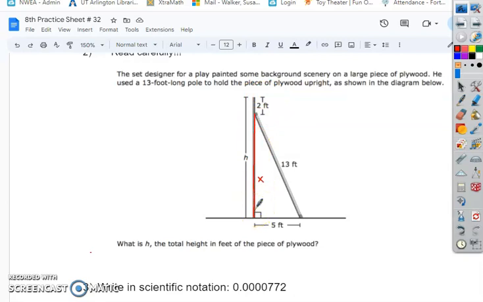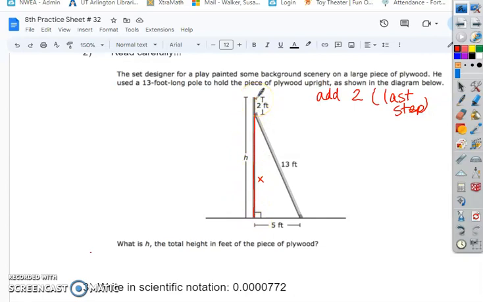So what we need to do is do the Pythagorean theorem, and whatever you get, add 2. That's your last step, because our goal is to find h. So h is x, and it's a little bit longer than that, okay?